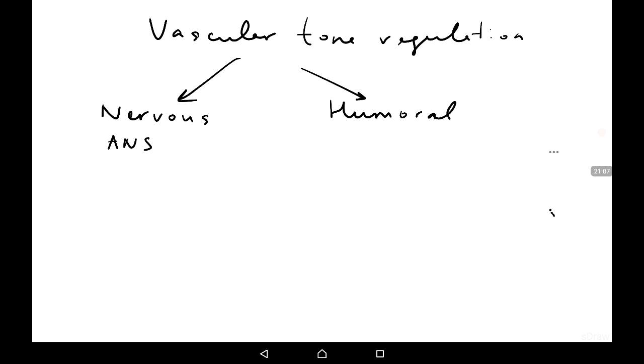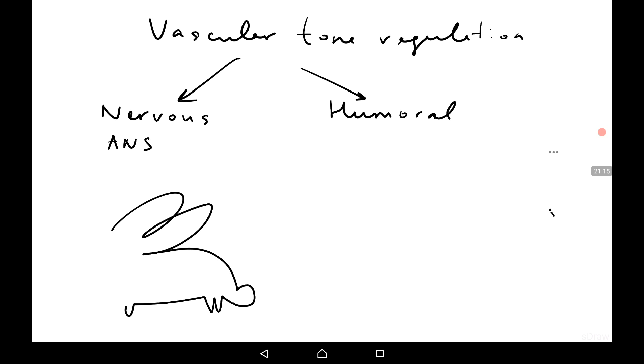So he took white albino rabbit and he cut the sympathetic nerve that innervates the blood vessels in the ear of the white albino rabbit.